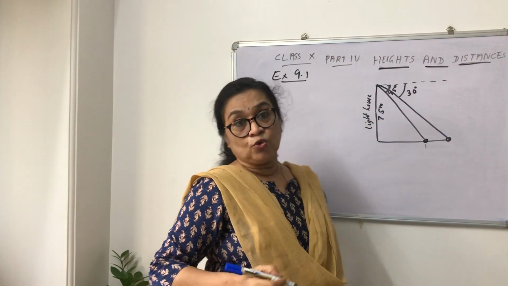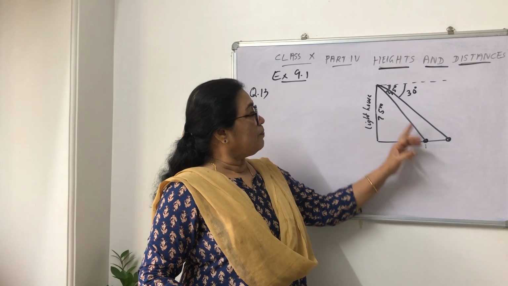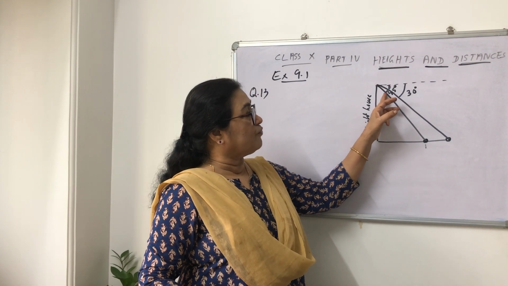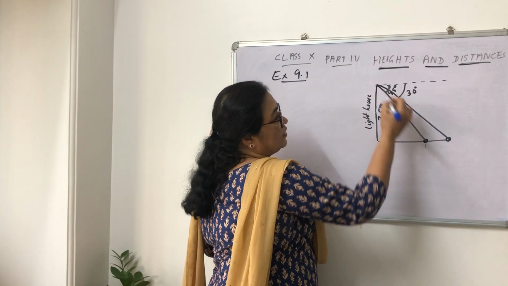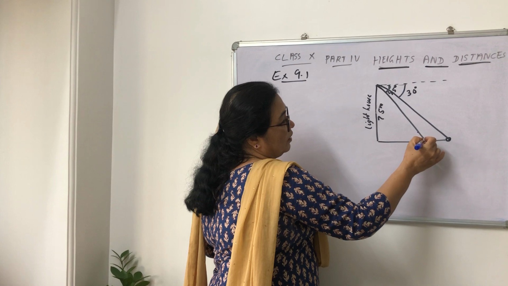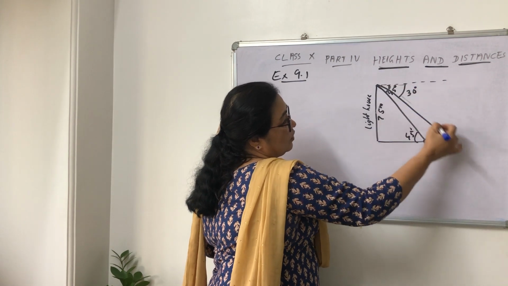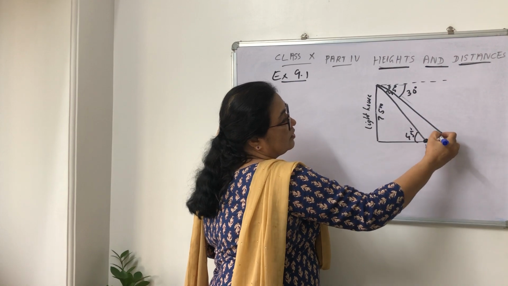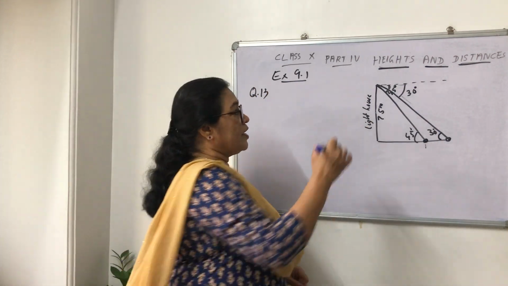That means for this ship, the angle of depression is 45. Since this is 45, you know these two lines are parallel. This is the transversal. Therefore this angle is also 45. And for this transversal, this is 30, this is also 30.